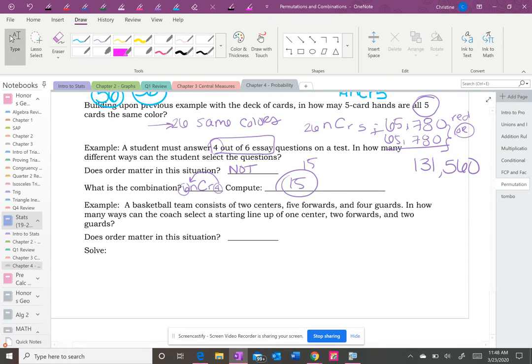Example number 2 says a basketball team consists of 2 centers, 5 forwards, and 4 guards. How many ways can the coach select a lineup of 1 center, 2 forwards, and 2 guards? The order in this case does matter because you are selecting people and you are assigning them roles. Okay, so assigning roles is what makes it a permutation.